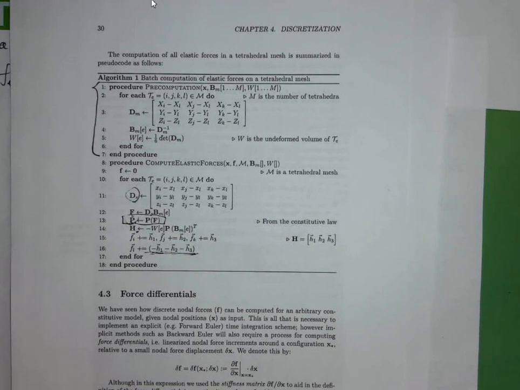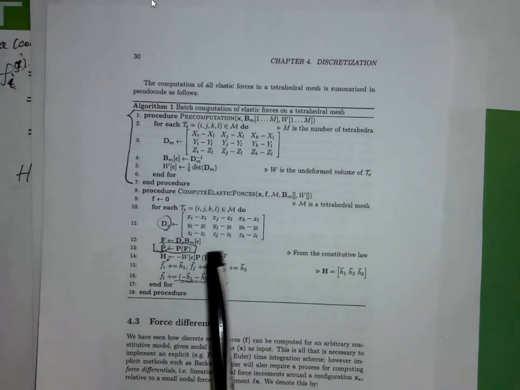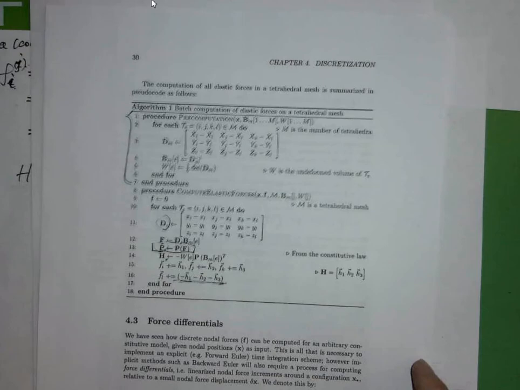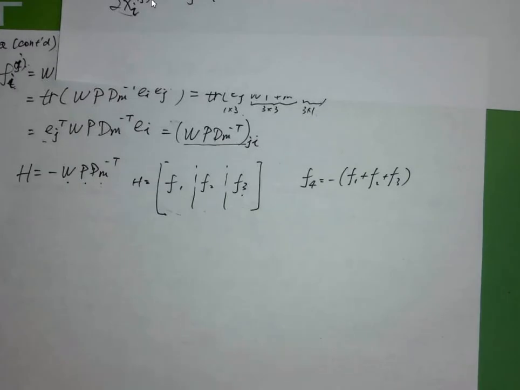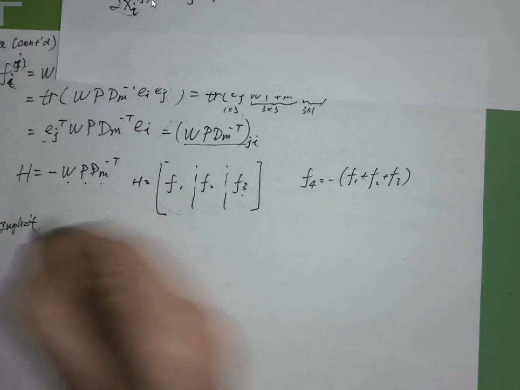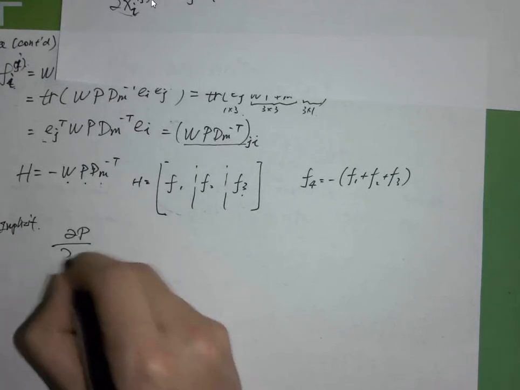All right. For the implicit time integration, it is more complicated because you also need to take the derivative of this P if you want to do the implicit time integration scheme. You also need to take the derivative dP/dF.